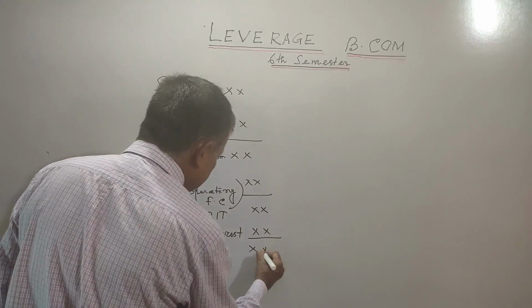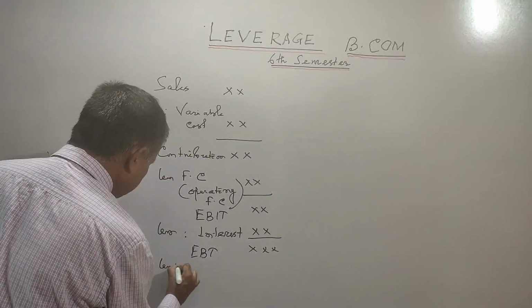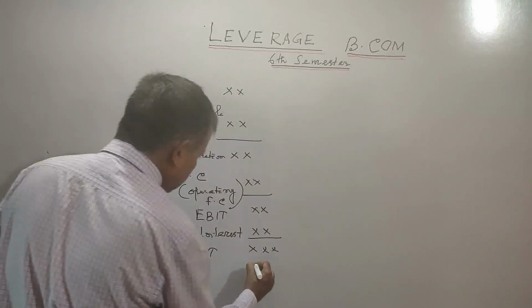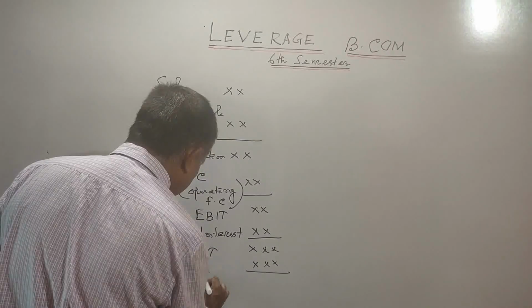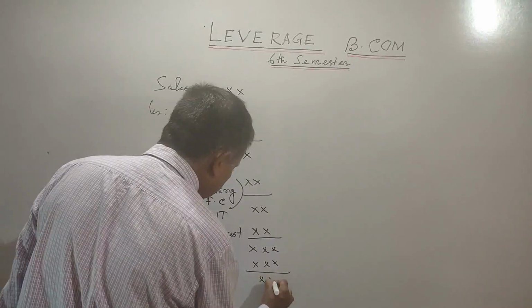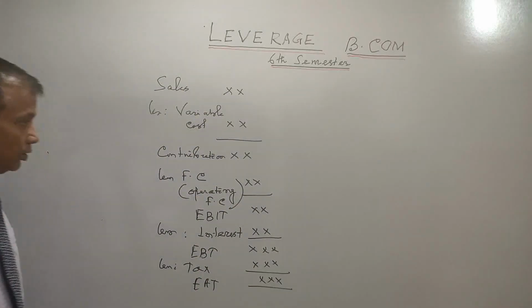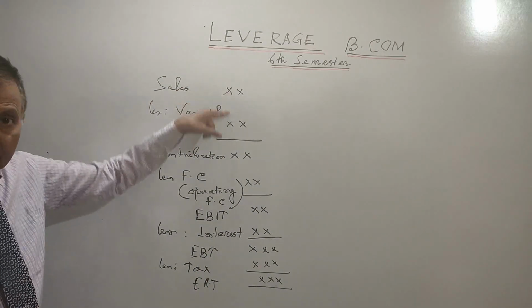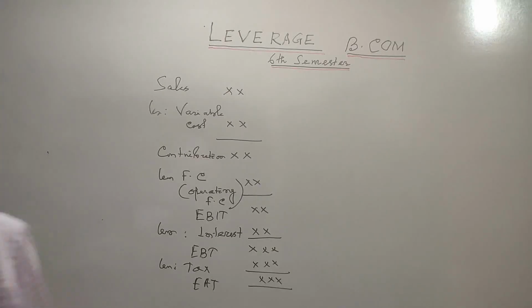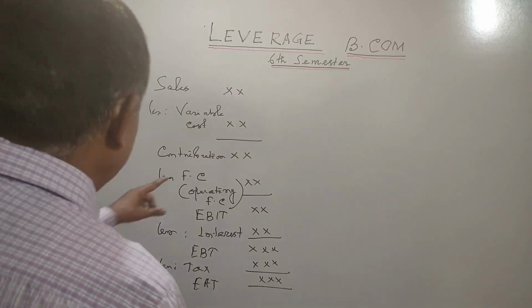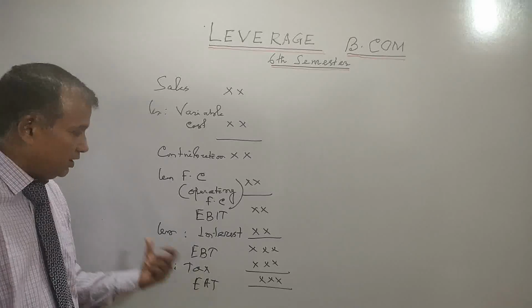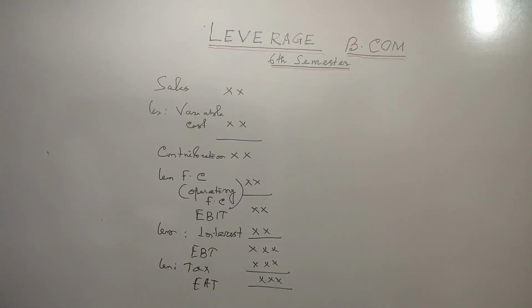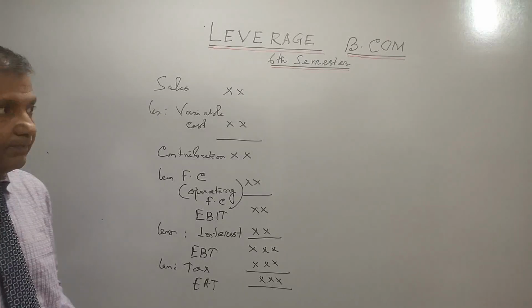Then less tax. It comes to your EAT. So friends, if we analyze this concept: sales minus variable cost, contribution, fixed cost, EBIT, interest, EBT. This is a particular format, you might be knowing this.